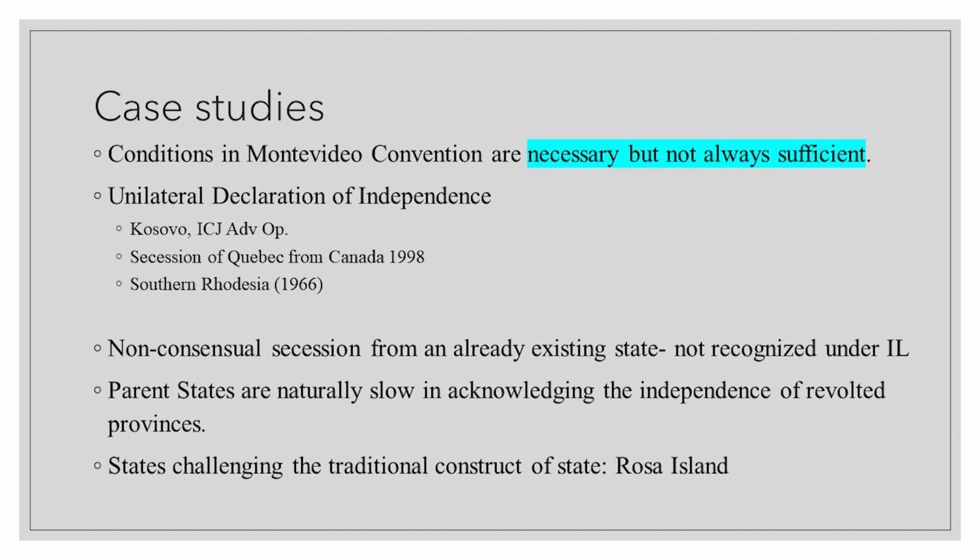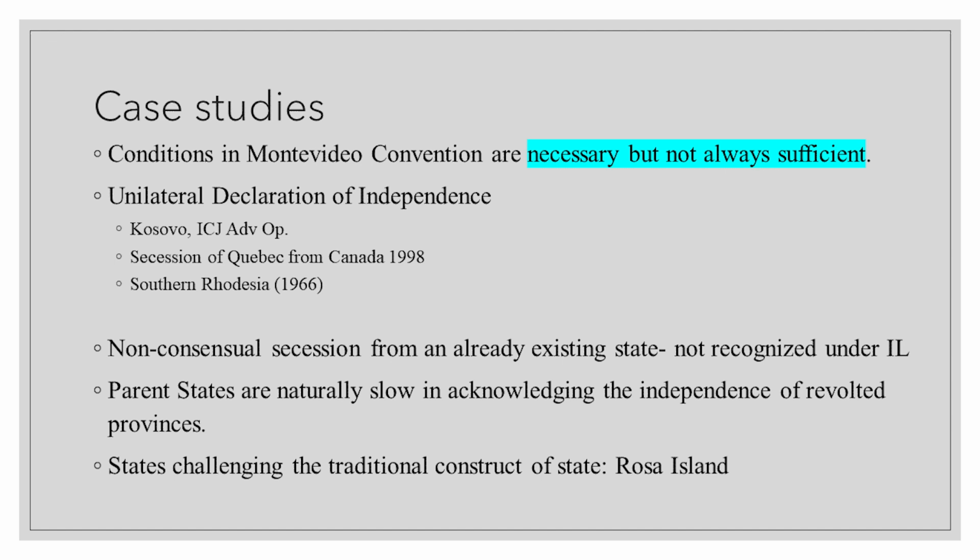Therefore, in the beginning, I said that state recognition is not a legal act, but a politico-legal act. That means it is a mix of a lot of political and legal questions. It's per se not a purely legal act.